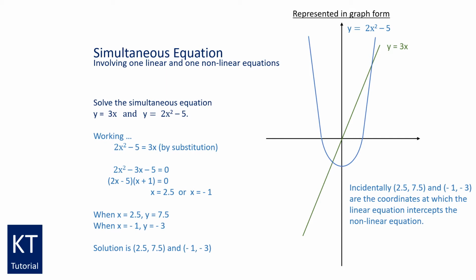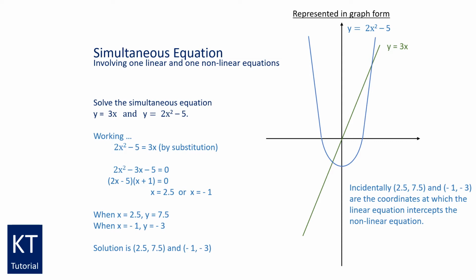Given that y is equal to 3x and to 2x squared minus 5, it is obvious that 2x squared minus 5 is also 3x. By rearranging the equation such that the quadratic equation is on the left-hand side and the right is equated to 0, we could then factorize the quadratic equation and solve for x.